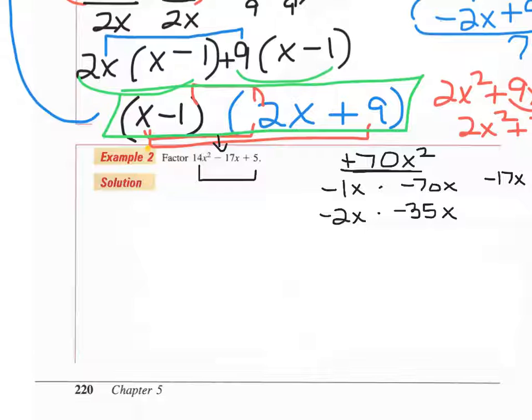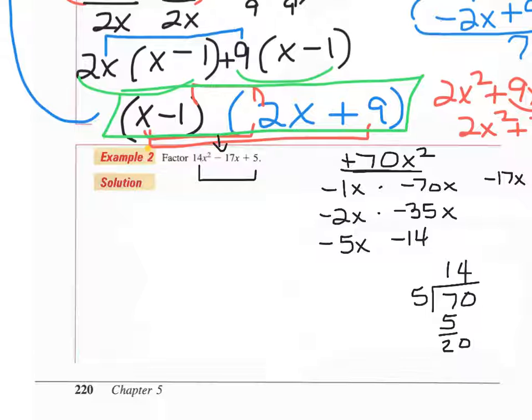So I need to keep going here. So 3 won't go into 70. 4 won't go into 70. Let's try 5. So 70 divided by 5 goes in here once. And then it'll go in here 14 times.